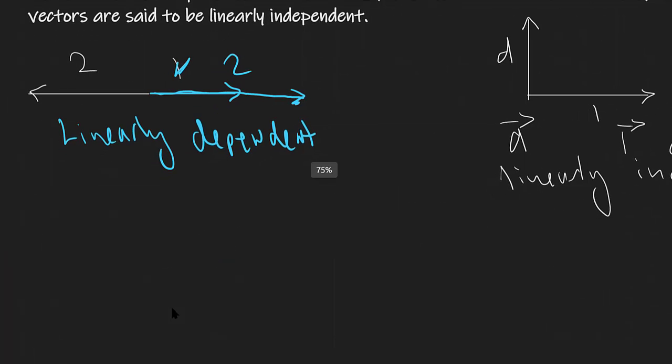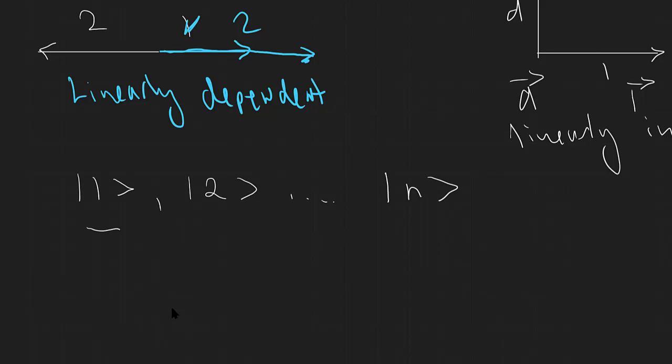And mathematically, for some vectors, so let's say that we have vector 1, vector 2, and overall we have n vectors. They're going to be linearly dependent if we can add those up.